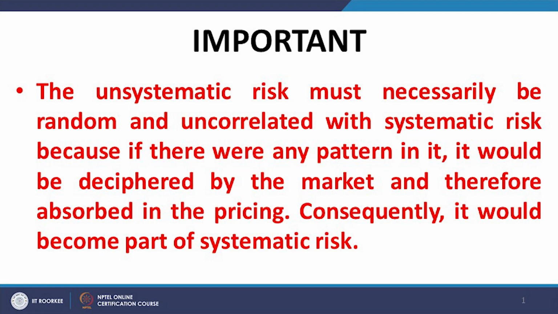Now, there is another important observation that I need to bring to the learners. The unsystematic risk must necessarily be random and uncorrelated with the systematic risk. Why is it so? Because if there was any decipherable pattern in it, it would be deciphered by the market and therefore absorbed in the pricing, and consequently it would become a part of the systematic risk.